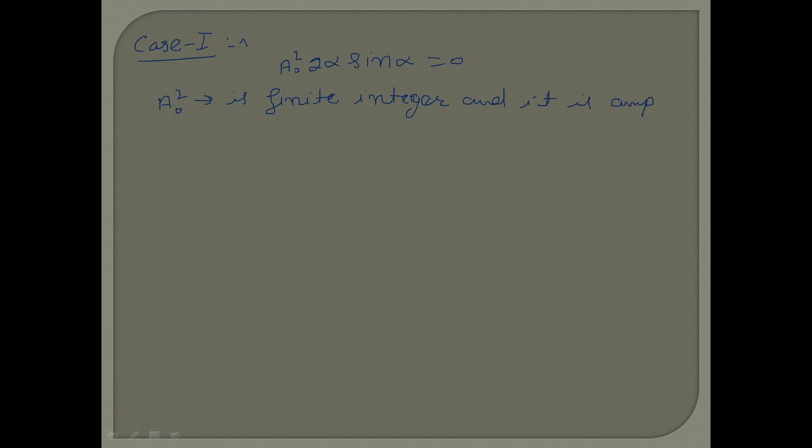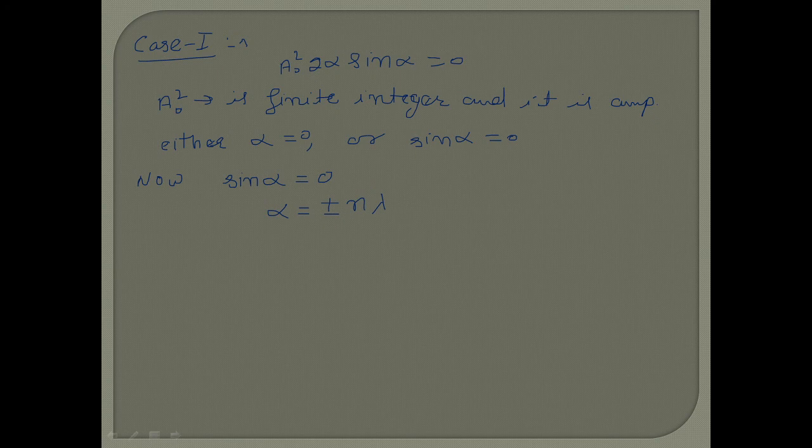Now either alpha is 0 or sin alpha is 0. Now sin alpha is equal to 0, then alpha is equal to plus minus n pi.